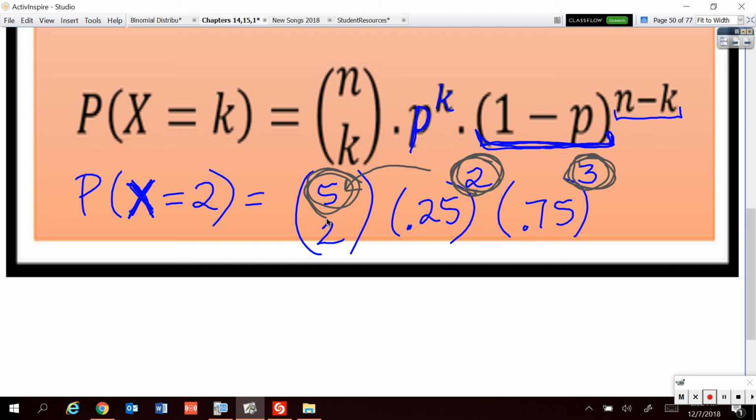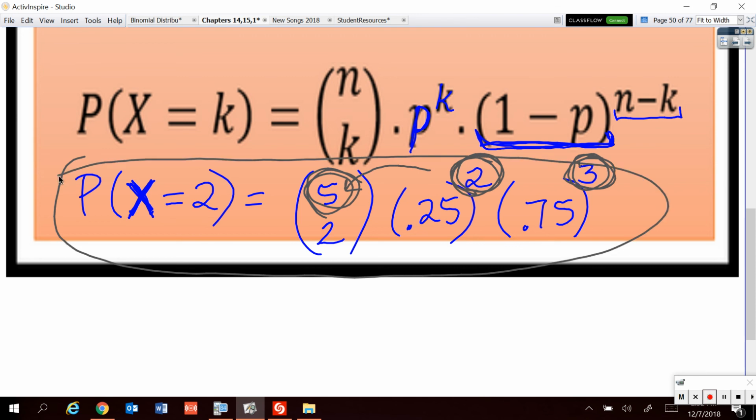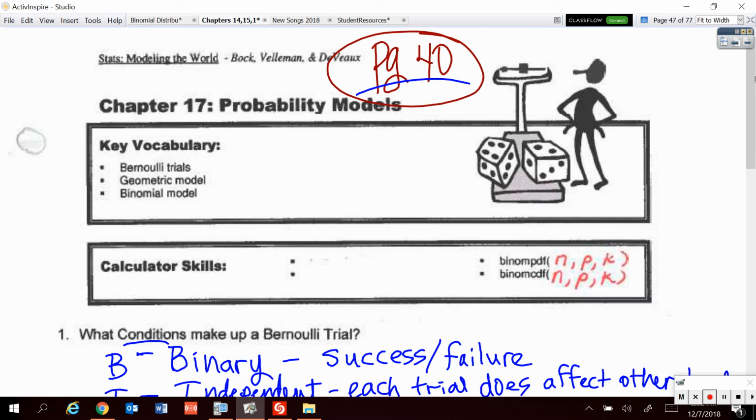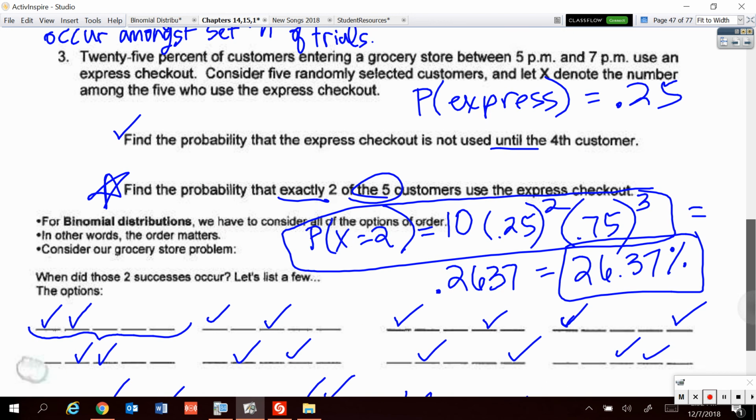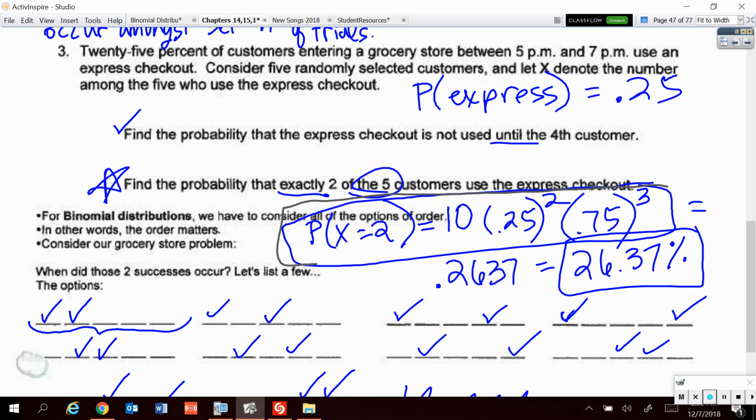Okay? So now, guess what, people? This should not be a scary formula to you because you know you have written almost this identical thing already today. You wrote it right here when you told me yourself that there were 2 successes, 3 failures, and then we figured out the combinations.